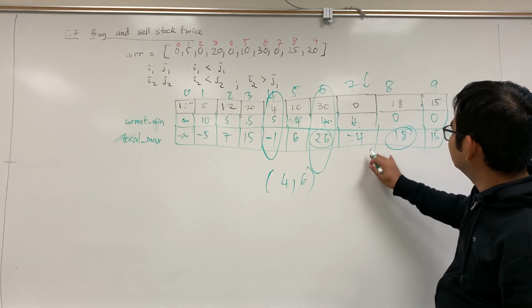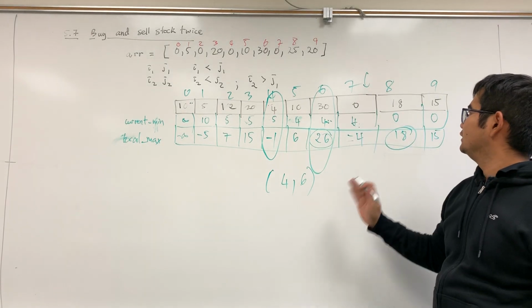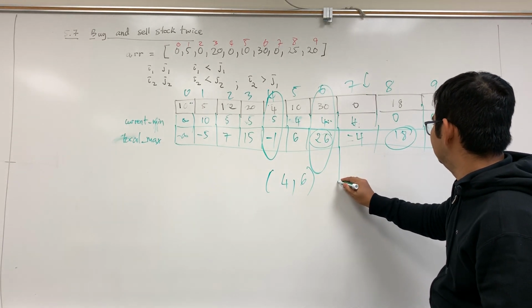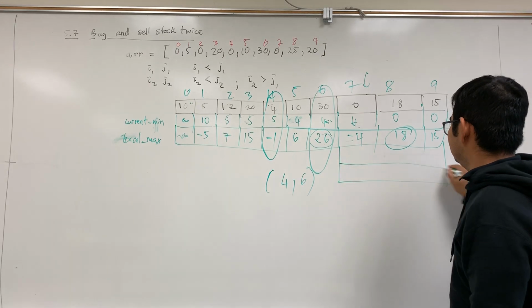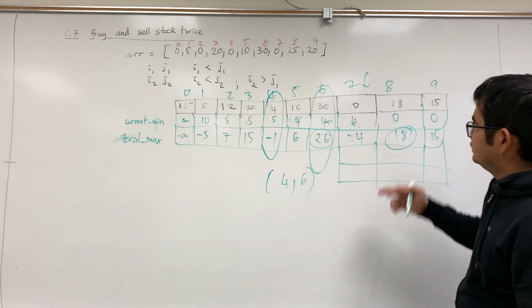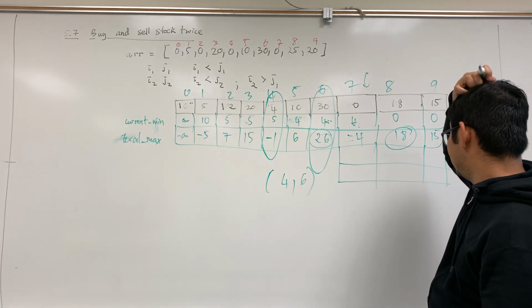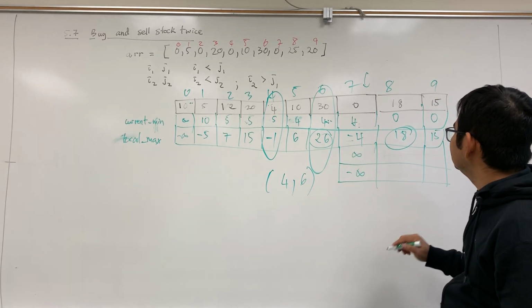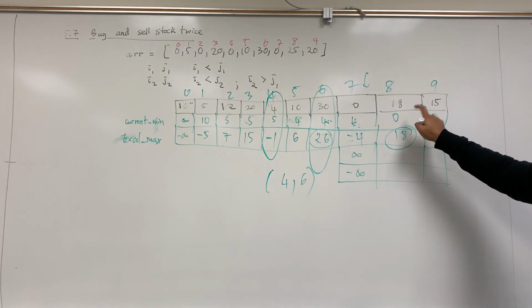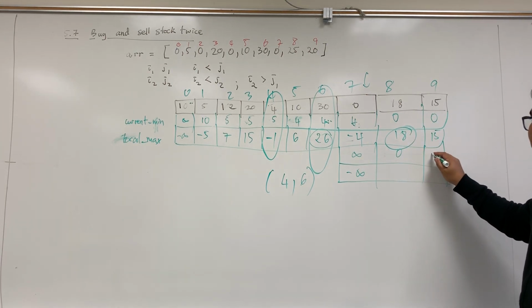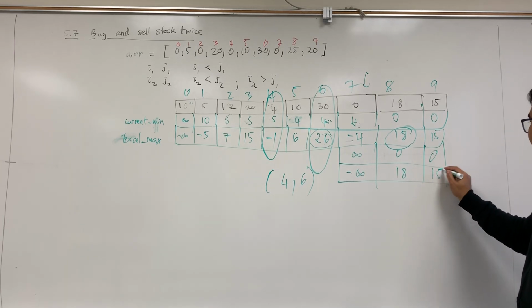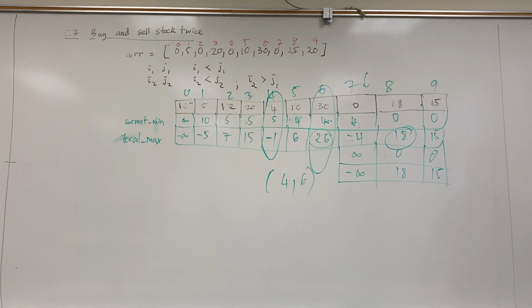In this part, if we forget whatever came before this, the current min would be infinity, so we will get negative infinity, and right here current min would be 0 as well. Get 18, get 15.